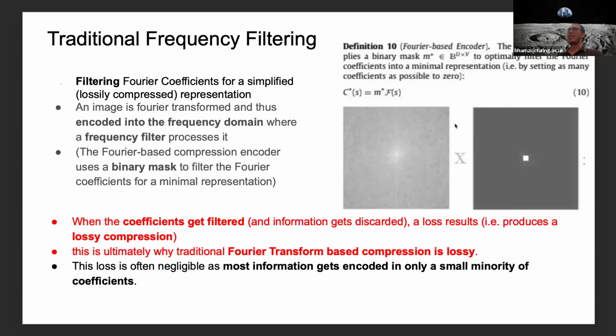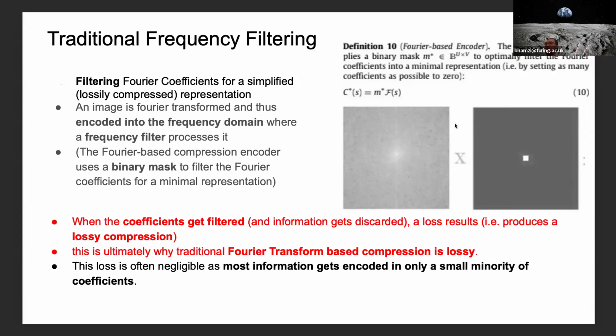And this masked out version will be the minimal, compressed representation. So when the coefficients get filtered out, certain information is discarded, a loss results, and therefore that's how you get the lossy compression. That's with traditional Fourier transform-based compression, and that's why it's lossy.